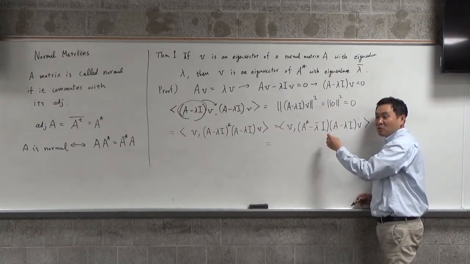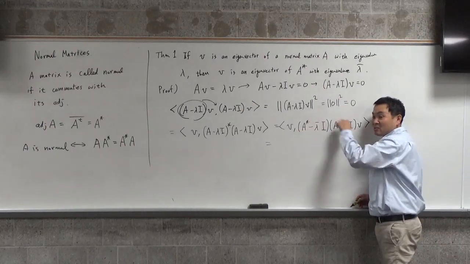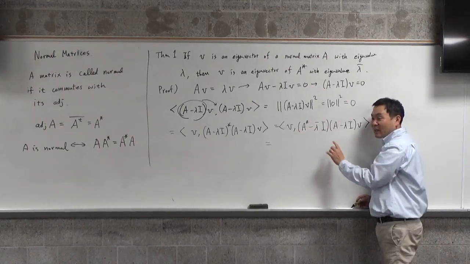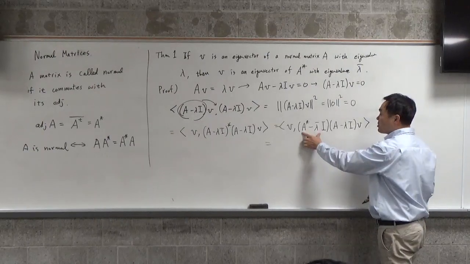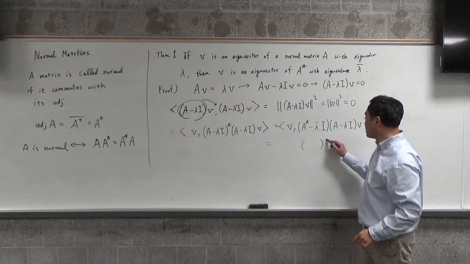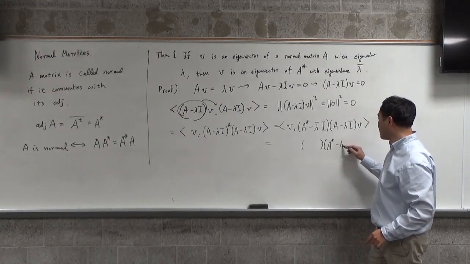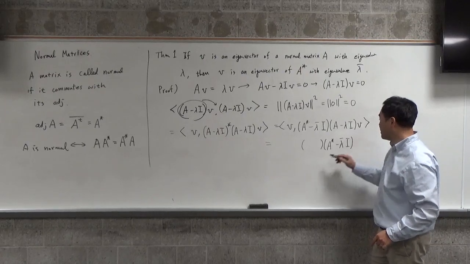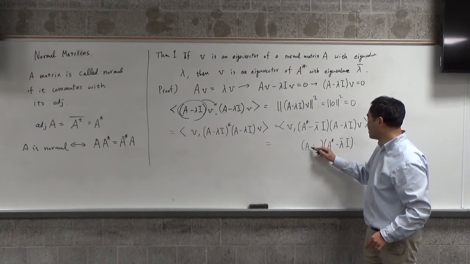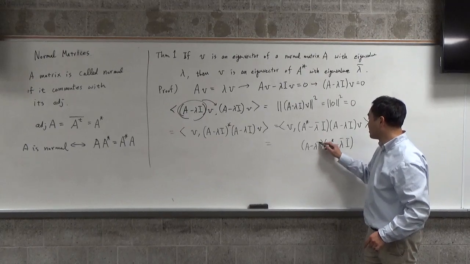So I'll spare you the details, but if you expand this out, FOIL this out, and then factor again after commuting them, you end up saying that this is the same as these two things switched. So you have (A star minus lambda bar I), and then (A minus lambda I) here.